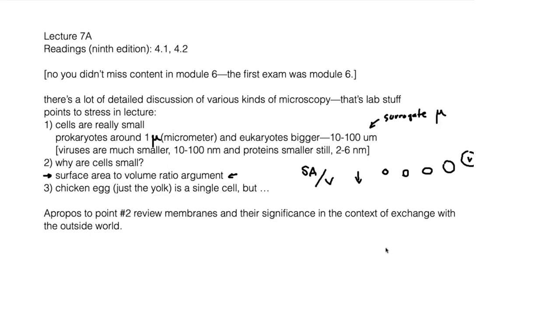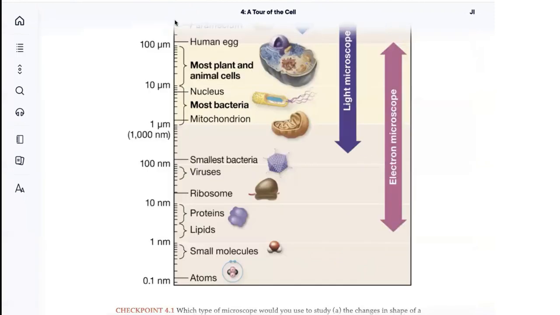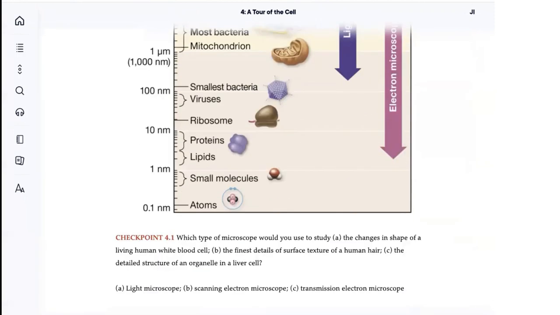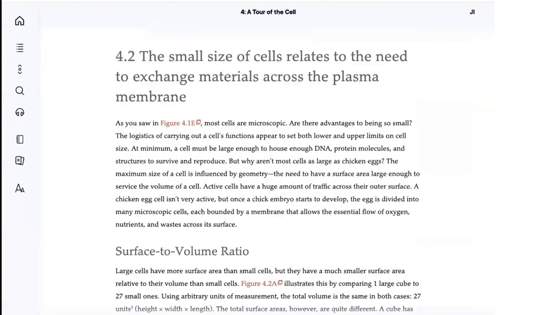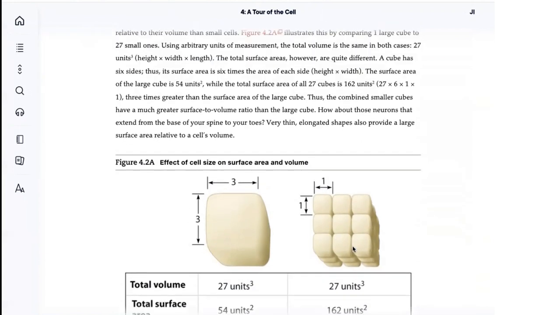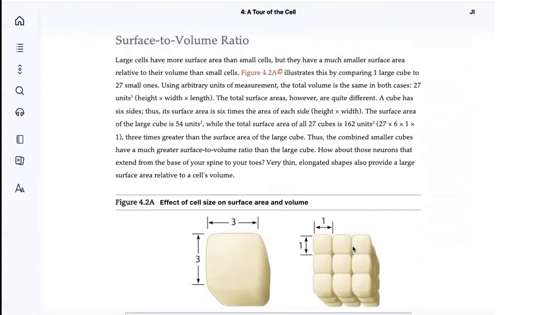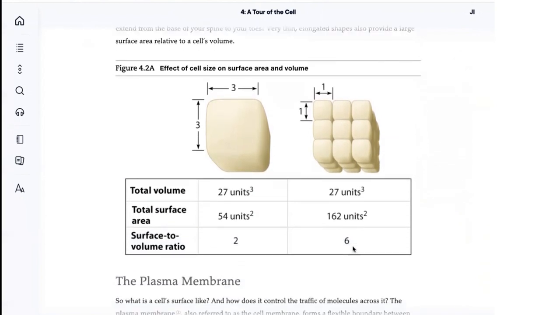Okay, so you have to have a little bit of appreciation for geometry. And you can go back to our chapter in the textbook. I think we're done with this section of the chapter. Go to the next portion in the textbook, and you get to an explanation of the surface area to volume ratio, right? And so there's a really nice diagram of this.